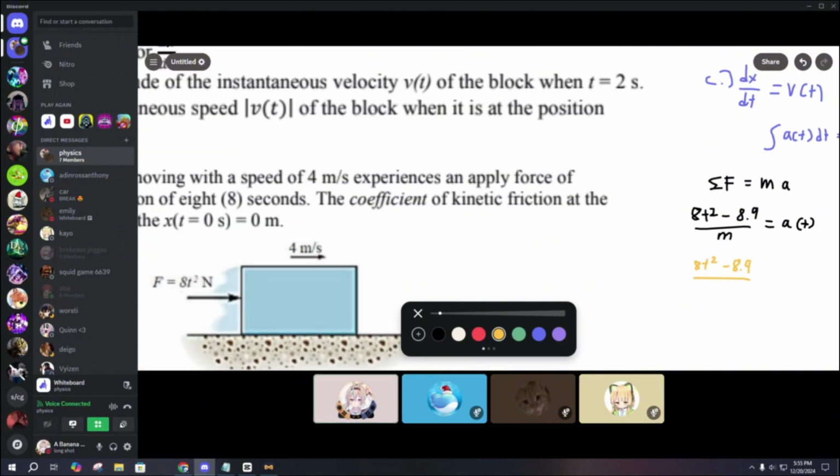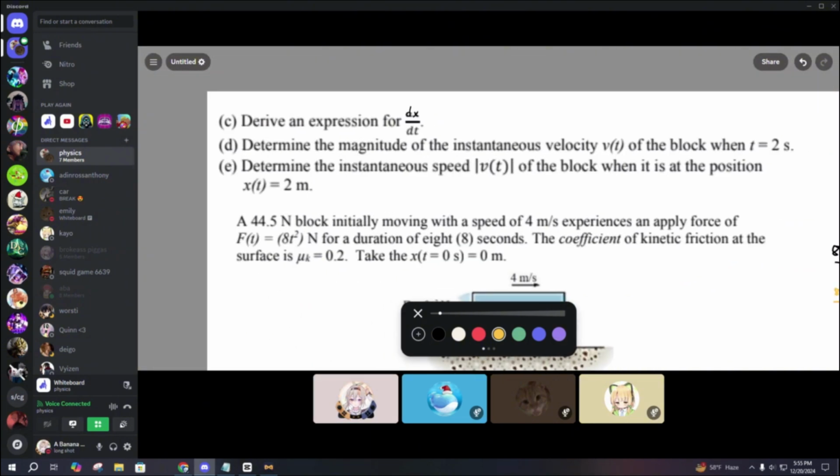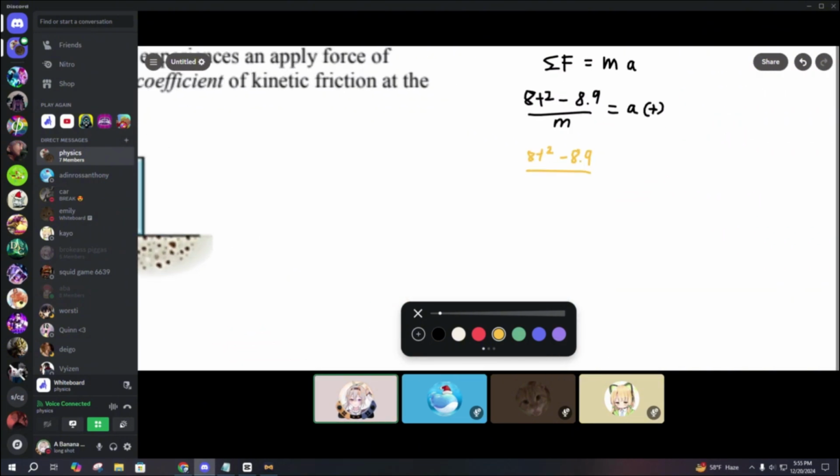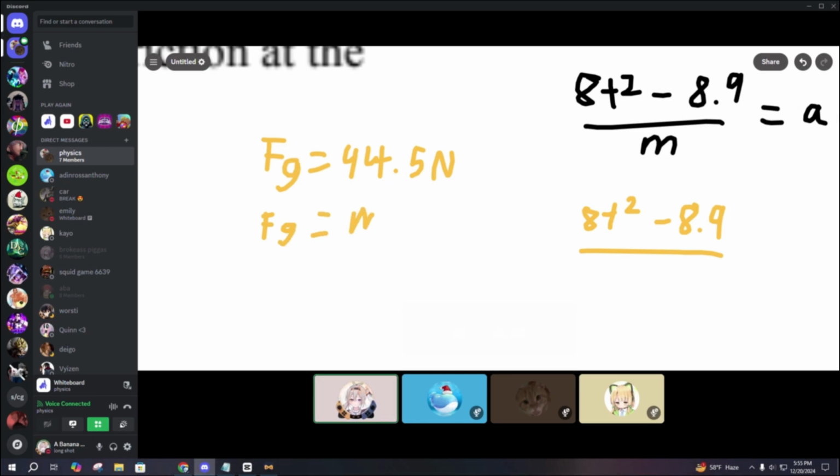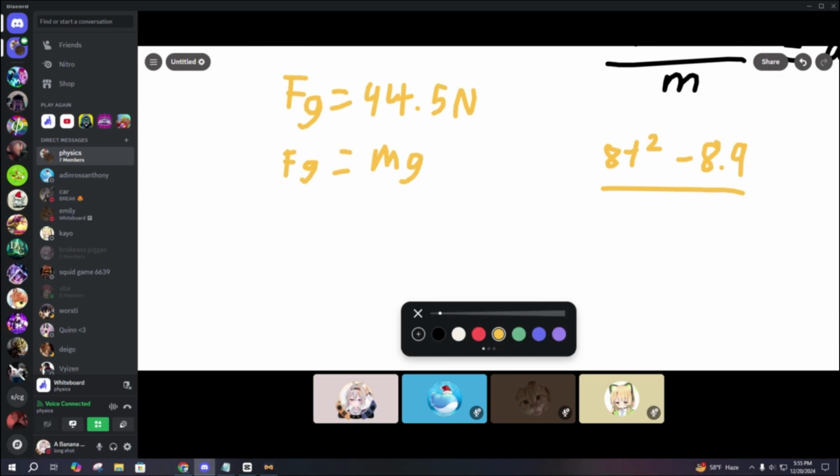Well, what's m? Well, actually, the weight is 44.5 newtons, Fg. Right? And I know that Fg is equal to mg. Correct?